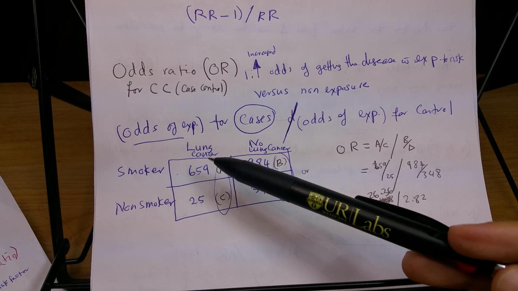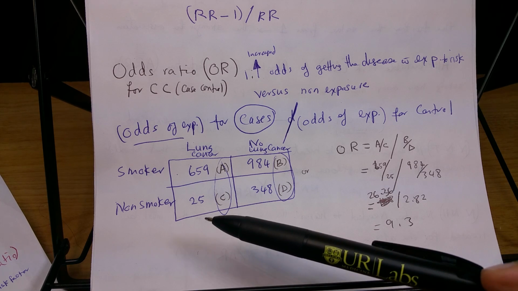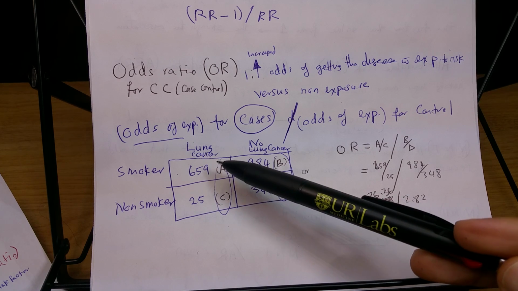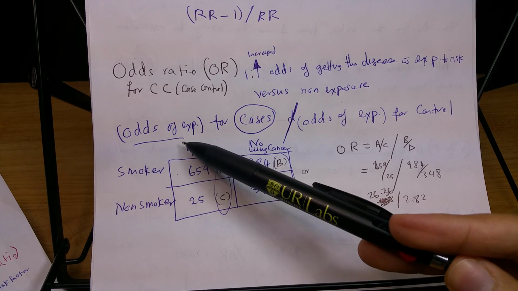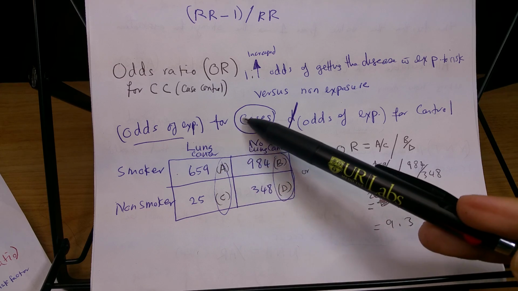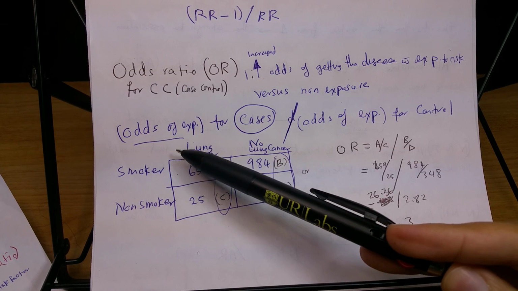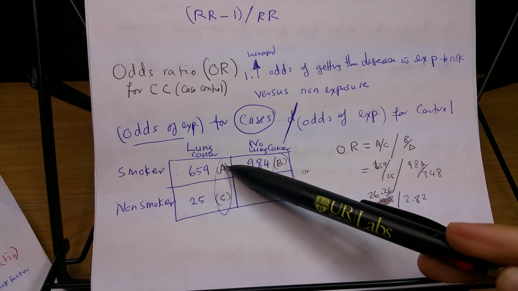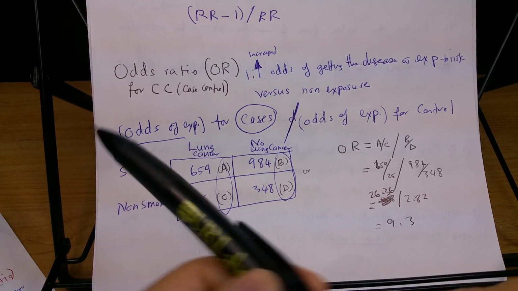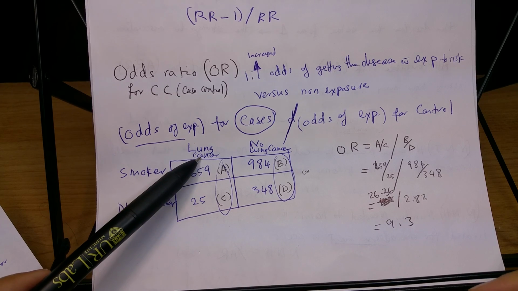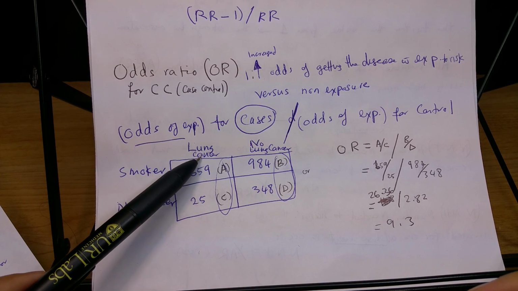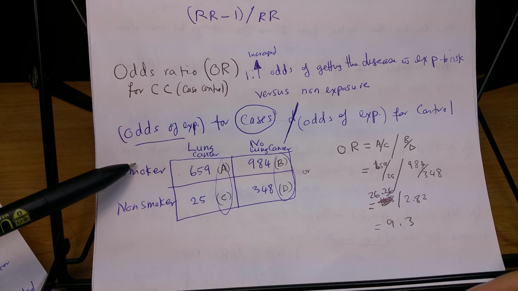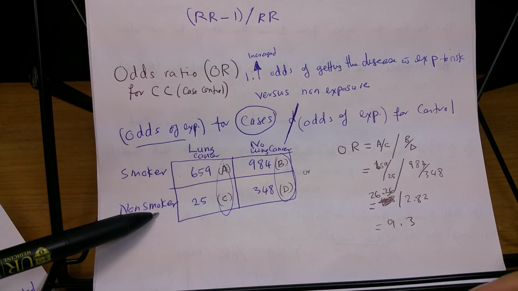There are many formulas for odds ratio, but the one that I found works with many tables without getting it wrong is the odds of exposure for cases. If you see here that the case is lung cancer, this is the disease, no lung cancer, no disease, and this is the exposure, smokers or non-smokers.